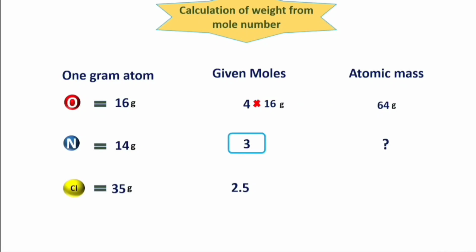Same way, when 3 moles of nitrogen is given, then multiplying the 3 moles of nitrogen by its gram atomic mass, that is 14 gram, we can get the given atomic mass, that is 42 gram. Same way, in given 2.5 moles of chlorine, 87.5 gram of atomic mass is present.